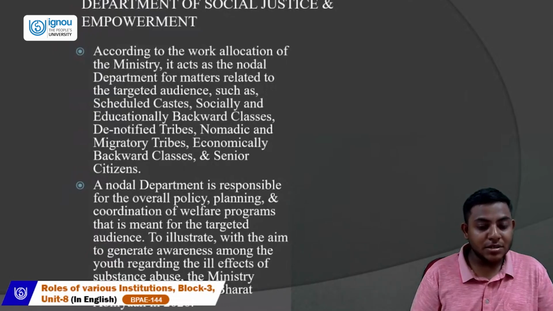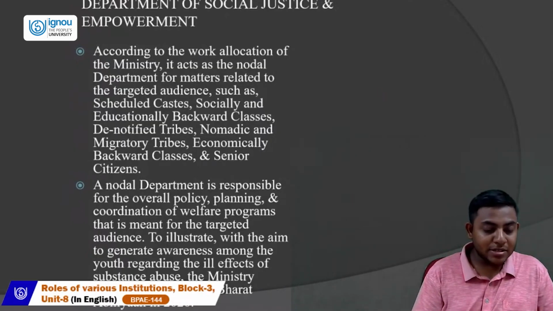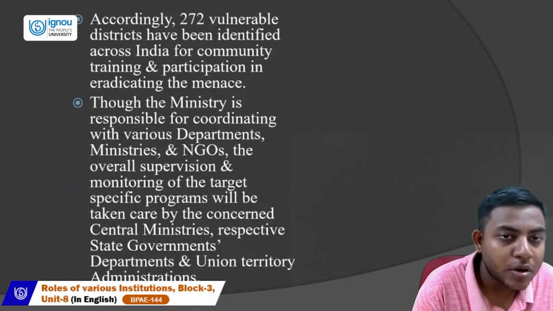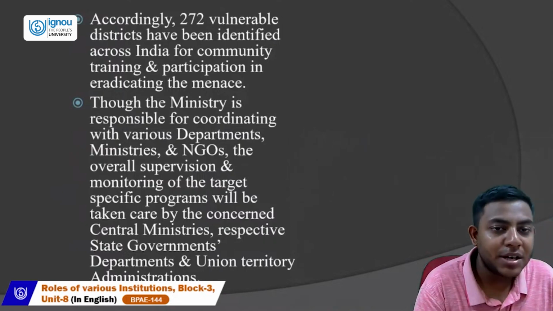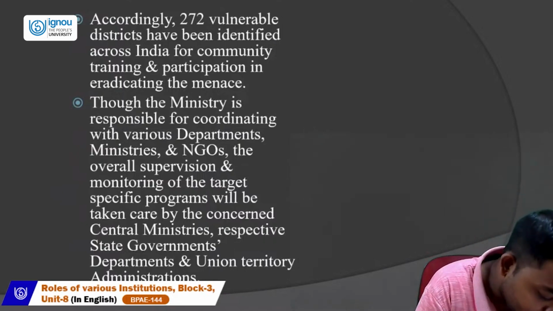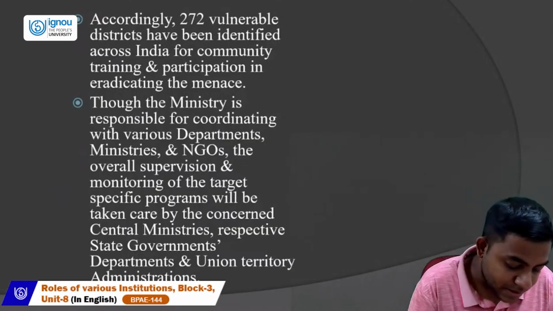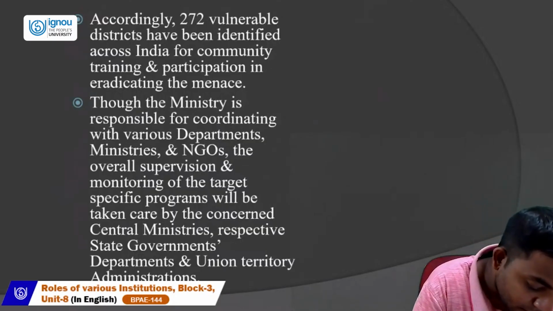So a nodal department is responsible for the overall policy, planning and coordination of welfare programs that are meant for the targeted audience. To illustrate, with the aim to generate awareness amongst the youth regarding the ill effects of substance abuse, the ministry launched the Nasha Mukt Bharat Abhiyan in 2020. Accordingly, 272 vulnerable districts have been identified across India for community training and participation in eradicating the menace of substance abuse from the country.